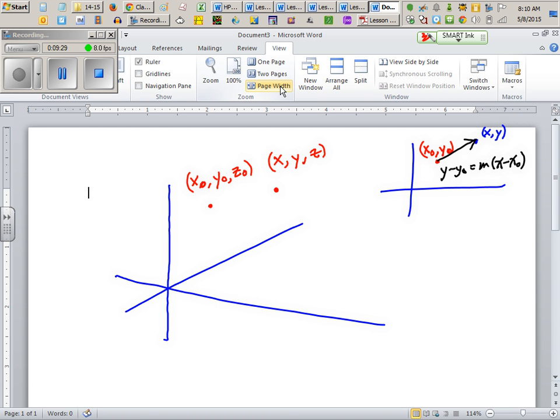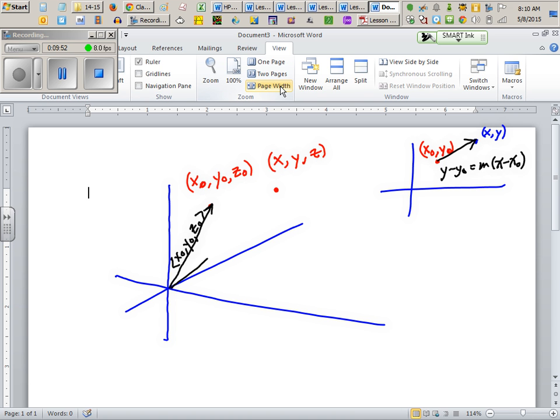So what's the relationship between these two in 3D? It's very simple, really. This vector here is called the position vector for the point (x naught, y naught, z naught). So this is your <x naught, y naught, z naught>. Those would be three numbers that you would already know.